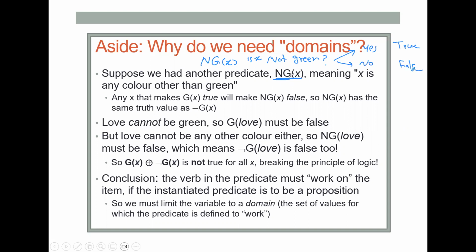Because we know that NG of X is the opposite of G of X. So we said G of love is false. Let's apply NG of love and check whether it is true or false. Does love have a non-green color? Of course not, which means that the value would also be false.